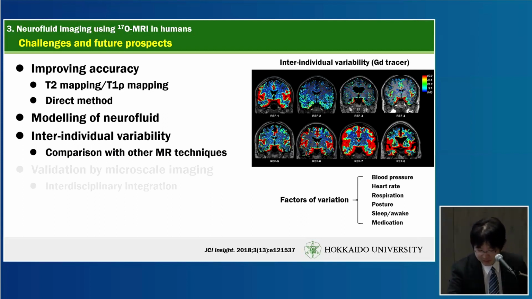This is understandable because CSF dynamics are influenced by various physiological parameters. So we need to verify the variation in the distribution of O17 water administered into the CSF in humans.